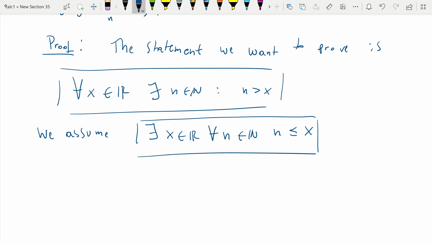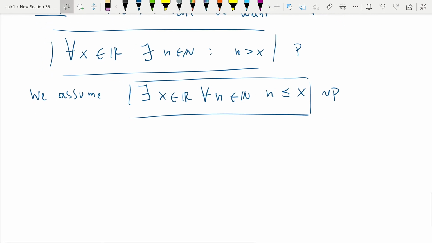So this is P, this is not P. So you assume not P holds. Suppose that not P is true. So there's an x in R, an element in R that is bigger than any natural number.